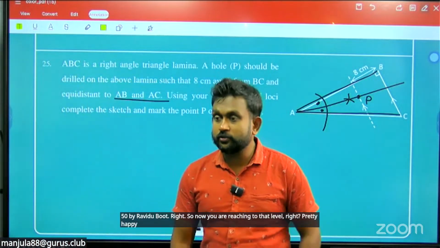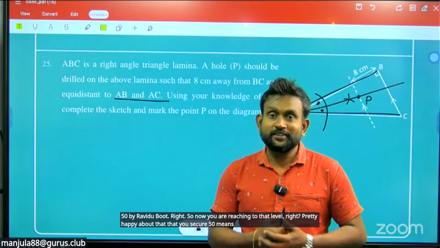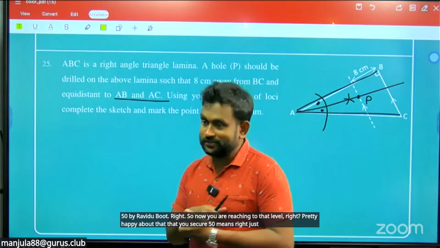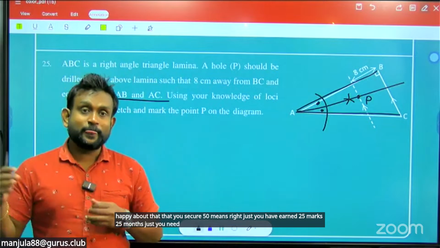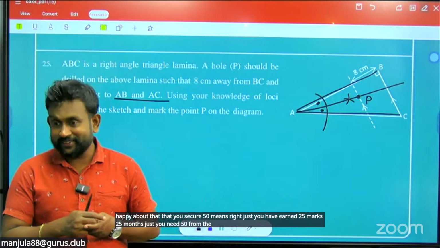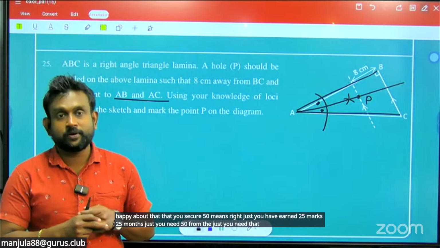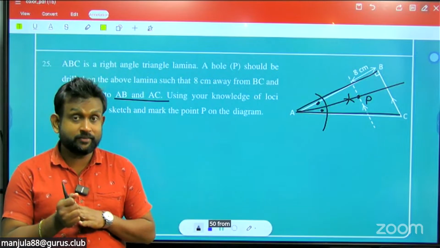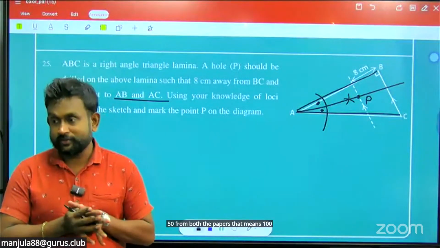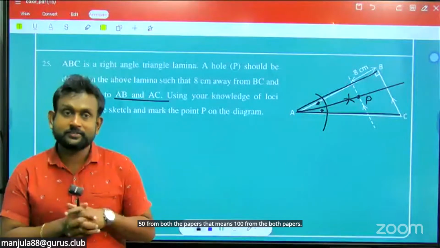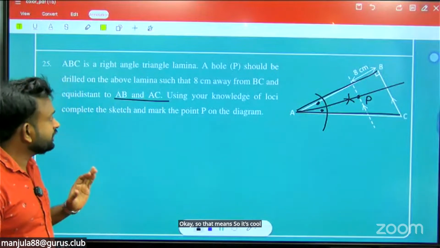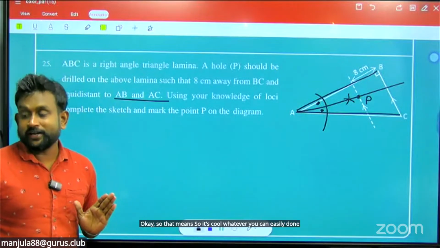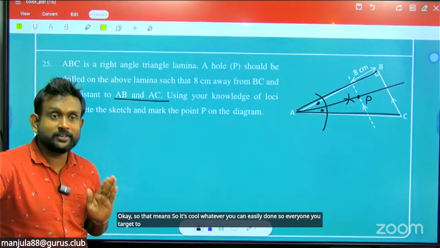If you secure 50, you have earned 25 marks, and you need 50 from both papers, that means 100 from both papers. So score whatever you can easily do. Everyone, your target is to score the 50 without any doubts.